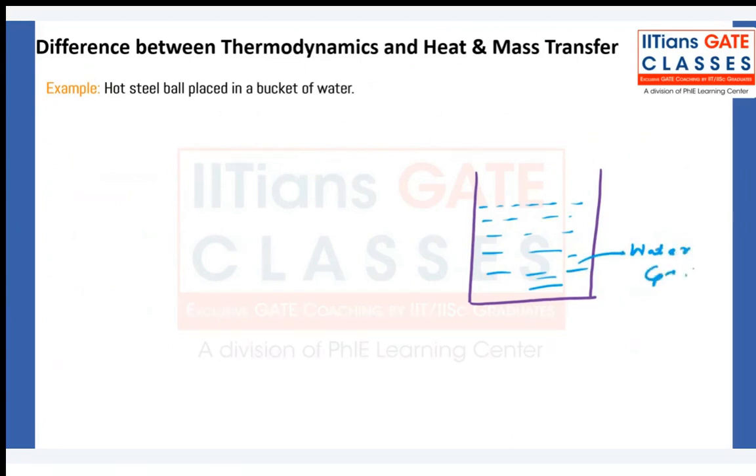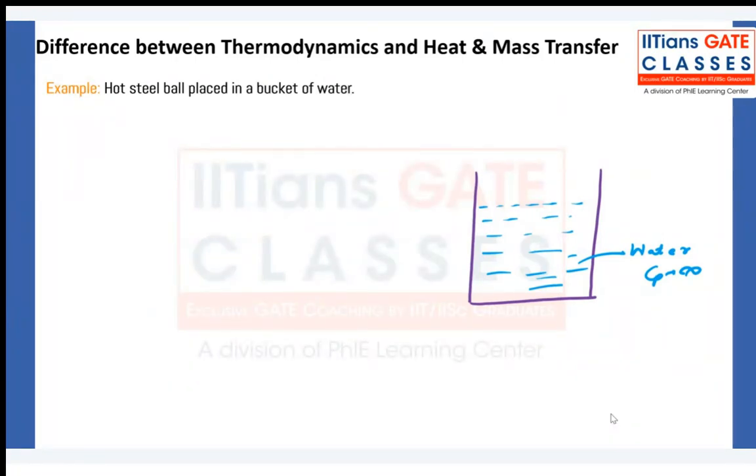That means it can absorb any amount of heat, but its temperature is not going to change. If you have studied thermodynamics, you already know that heat reservoirs have infinite heat capacity. Whatever heat you take from a thermal reservoir or give to it, their temperature does not change. It is the same thing.